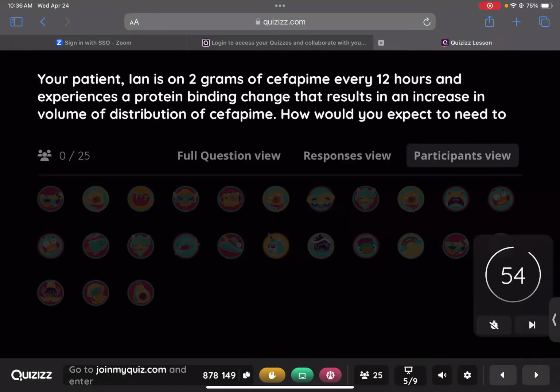All right, this is taking that concept of needing to increase dose rate or decrease whatever you need to do with dose rate and dose interval and putting some numbers to it.